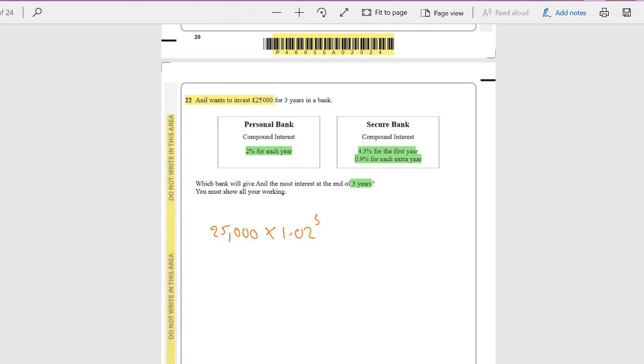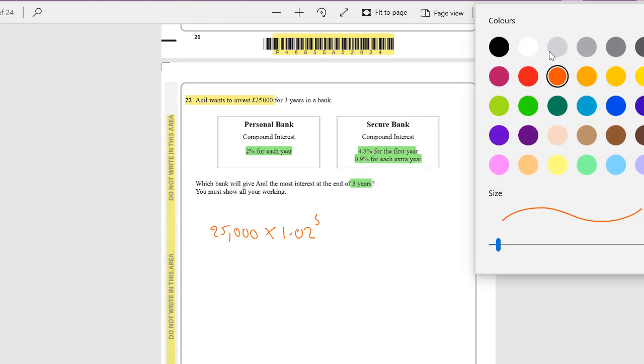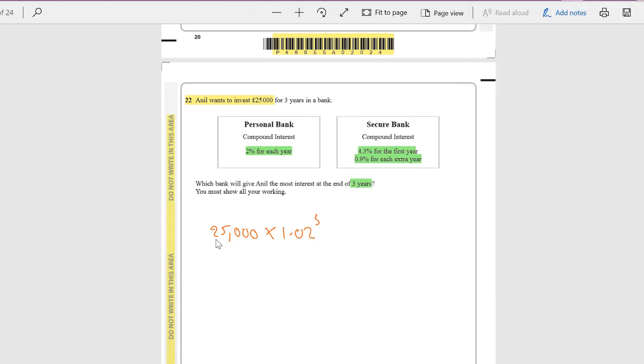And we have over 3 years, so that's the initial amount times 1.02, because 2% is 0.02, and then we want 3 years, so to the power of 3.